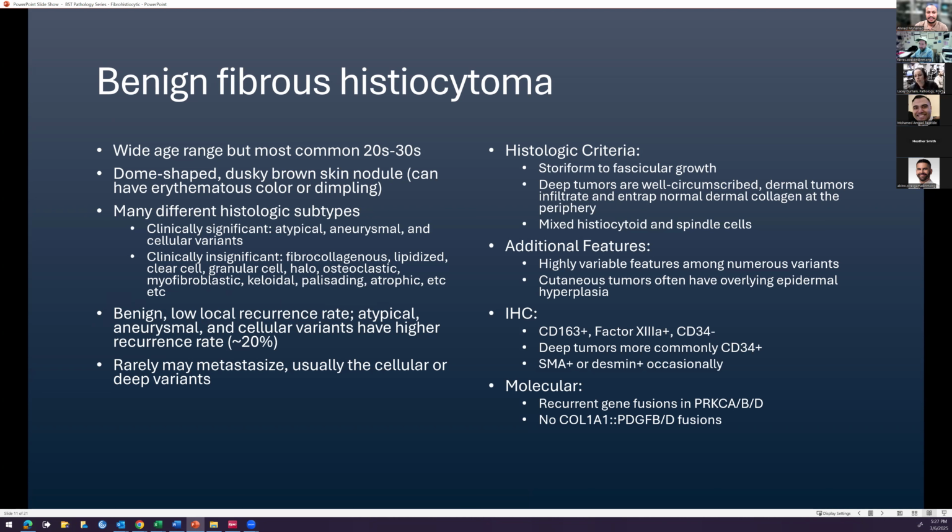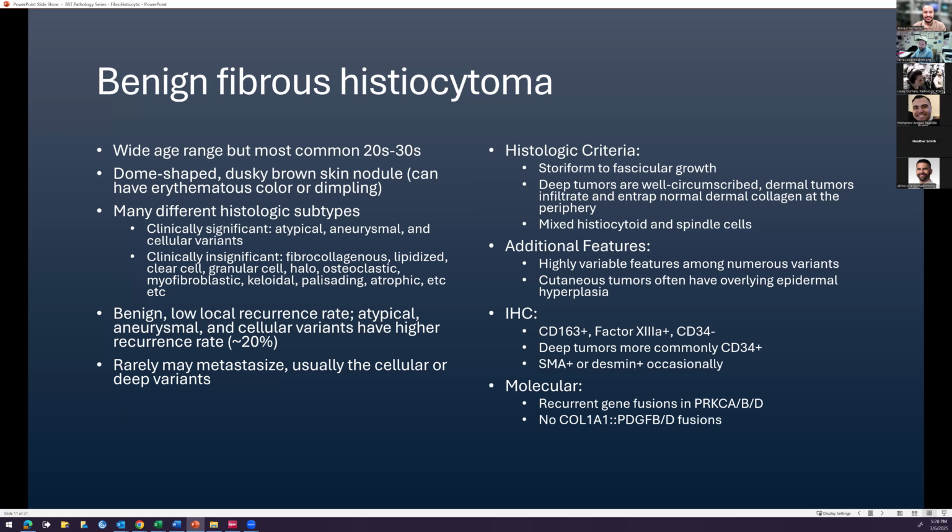The key thing to know is that these things have a billion different histologic subtypes, and most of them are completely irrelevant, even though we have probably 70 years of literature detailing a million different types. The only ones actually worth anything are the atypical variant, the aneurysmal variant, and the cellular variant, really.